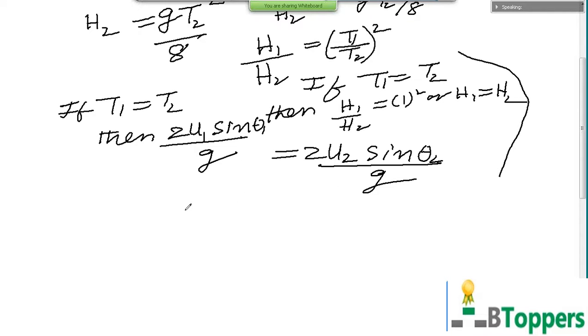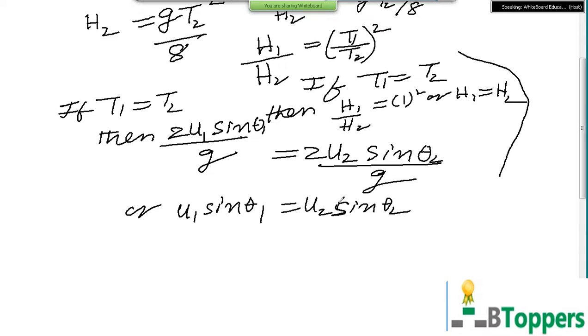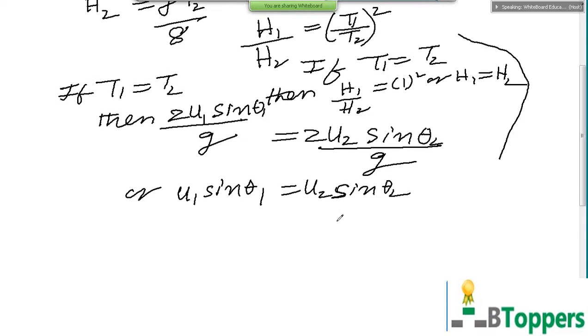So if the times of flight of the two projectiles are equal, then U1 sin theta 1 will be equal to U2 sin theta 2. That means the vertical components of initial velocity will be the same for both the projectiles.